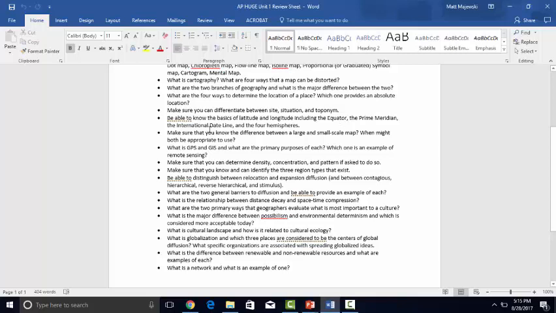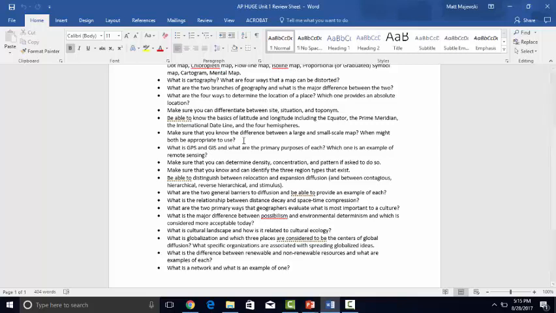We know the international dateline, right? That's technically 180 degrees on the other side of the prime meridian, and the 4 hemispheres, northern, southern, eastern, western, which are divided by the cross that latitude and longitude make on the Earth's surface. Make sure you know the difference between a large and a small scale map.